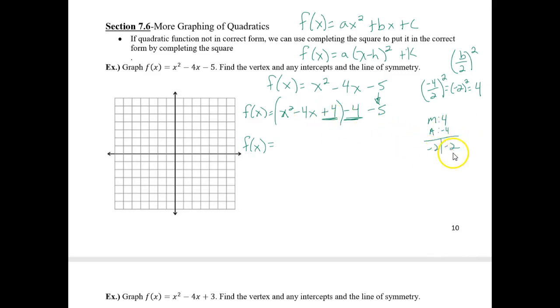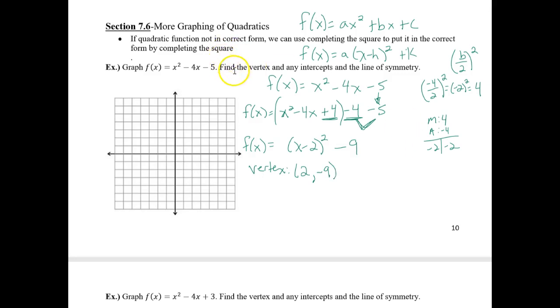It'll be x minus 2, x minus 2, which will leave me with x minus 2 squared. And then I add up my like terms. -4 minus 5 is -9. And now that's in my vertex form. Okay, so I can pull out my vertex. It's going to be the opposite sign with the x, so +2, and k is -9.